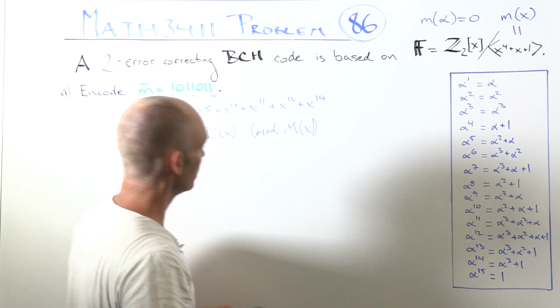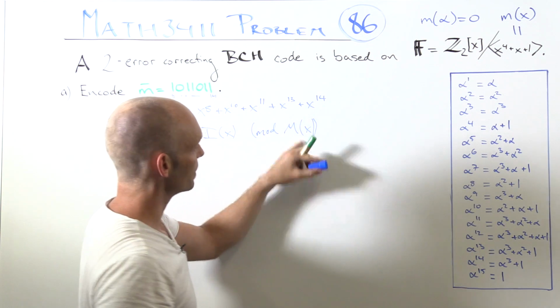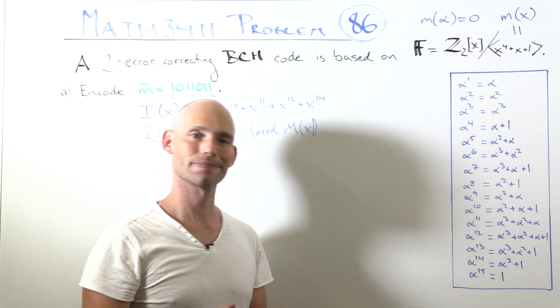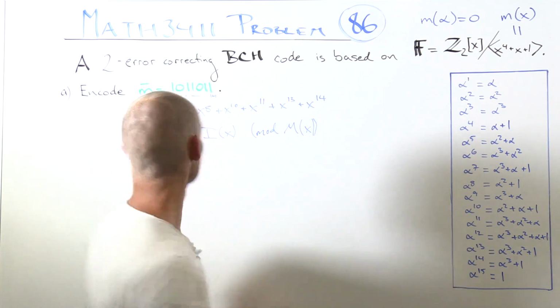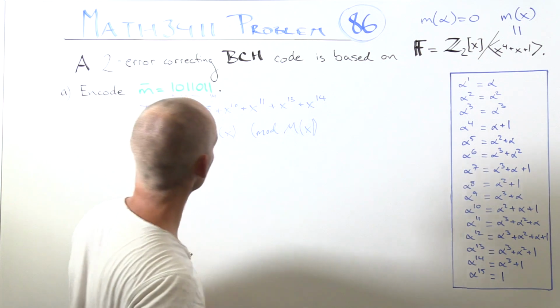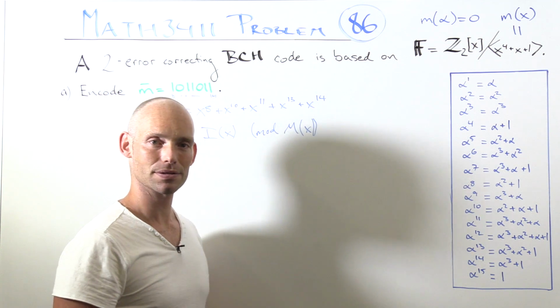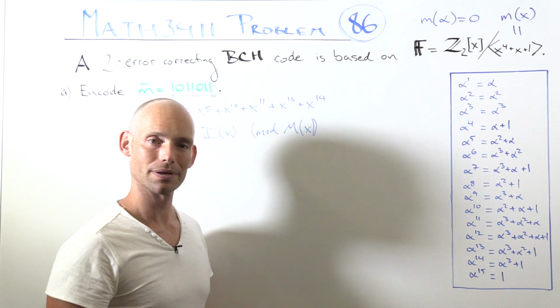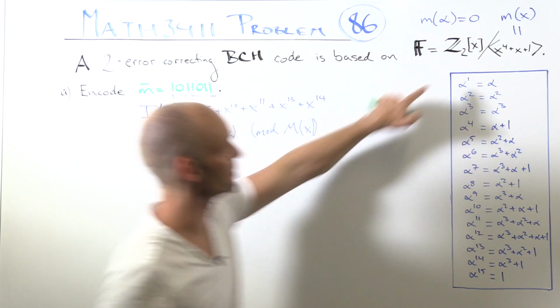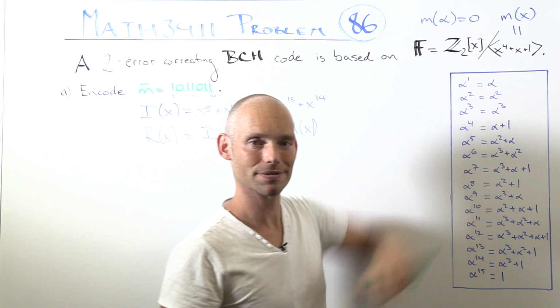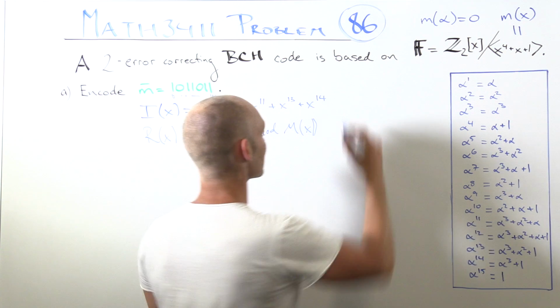So m of x is going to be the product of two minimal polynomials, because we're looking at a two-error correcting BCH code. So we just have to find two minimal polynomials. Now one of them we could just choose to be this polynomial here. So there we've found one.